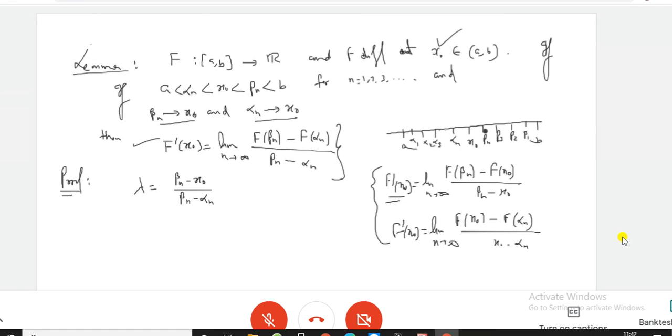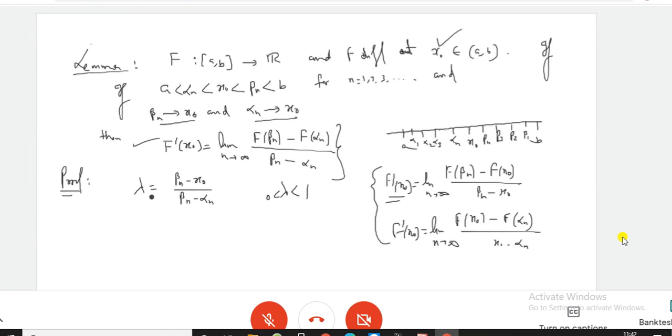So beta n minus x0, divided by beta n minus alpha n. Definitely, because beta n is to the right of x0, the numerator is positive, and beta n is also to the right of alpha n, so the denominator is also positive. So numerator and denominator both are positive numbers. And also beta n minus x0 is less than beta n minus alpha n. It's clear from the assumption. Therefore this lambda lies between 0 and 1. Is it clear to everybody?